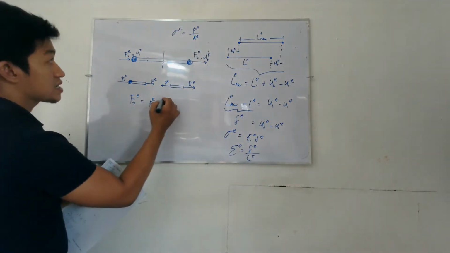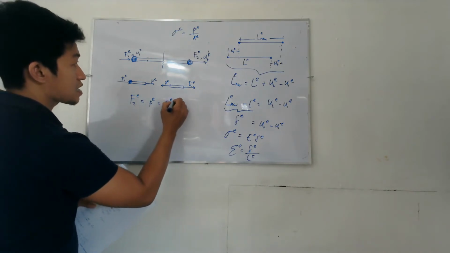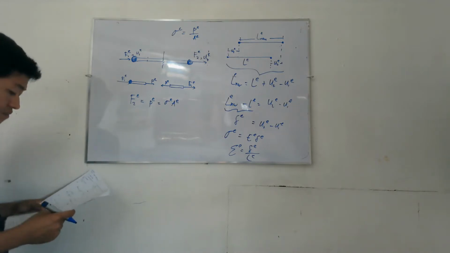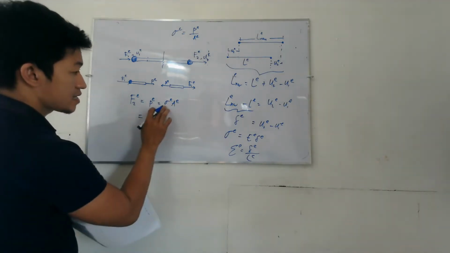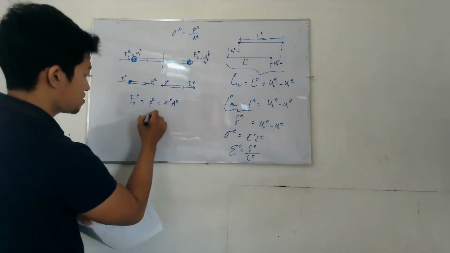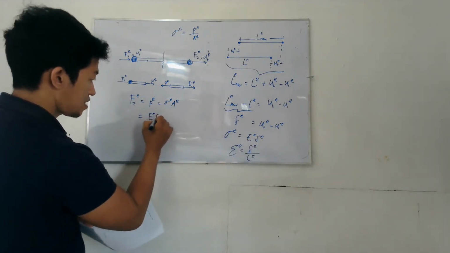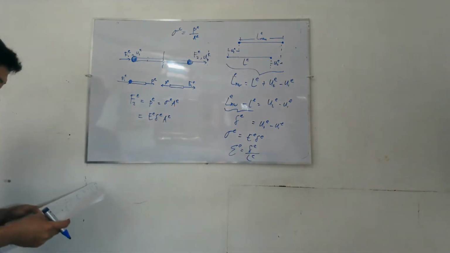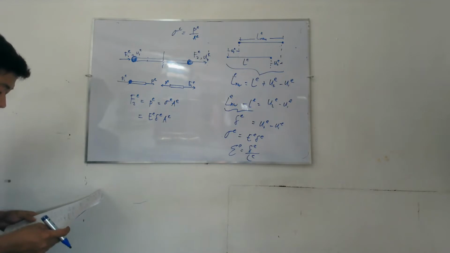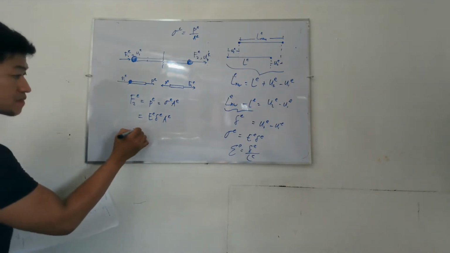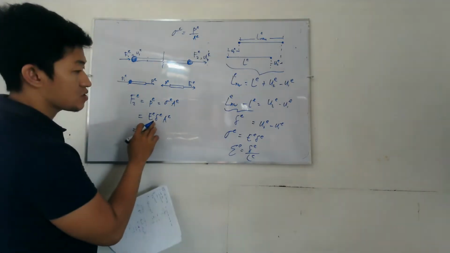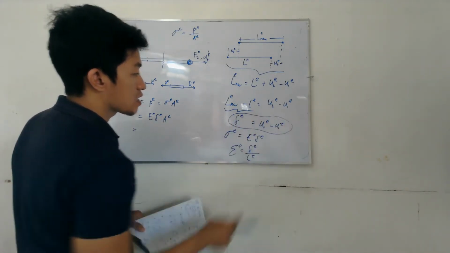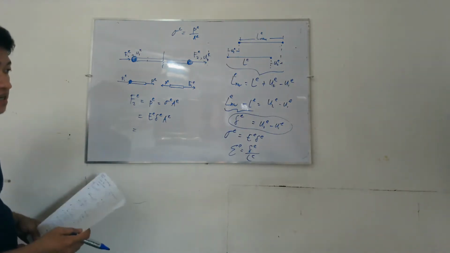So force can be stress times area. And then the value of this is elongation times this one. But we know that the value of this one is this, right?